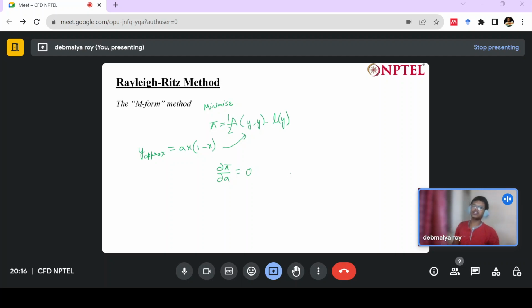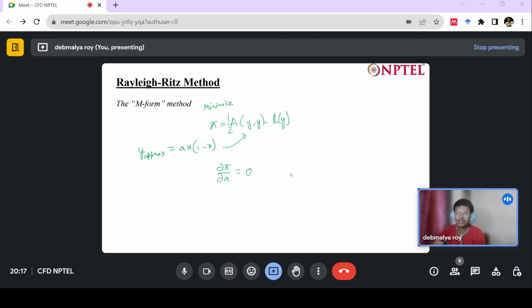Basically, the common theme in all these methods is that we are trying to convert the differential equation into algebraic equations, which are easier to solve. We just have the value of a to find out, and we get an algebraic equation that we can simply evaluate to get a solution.